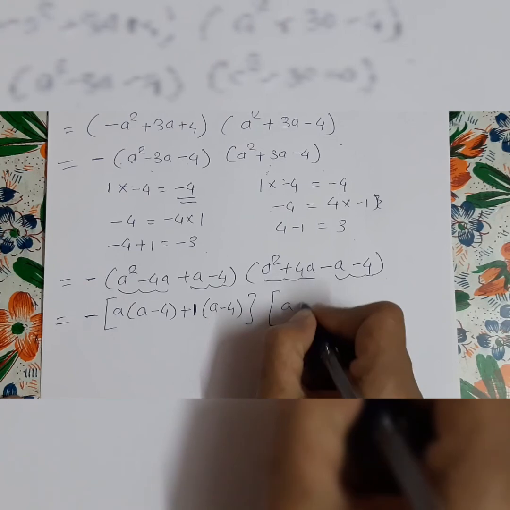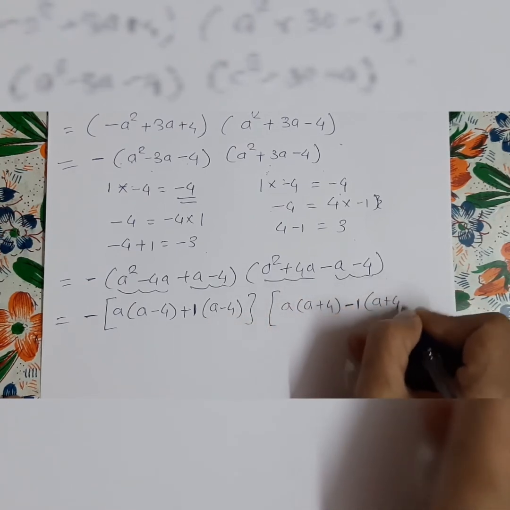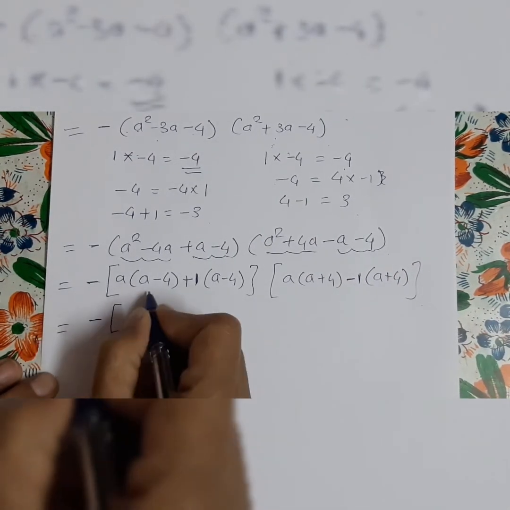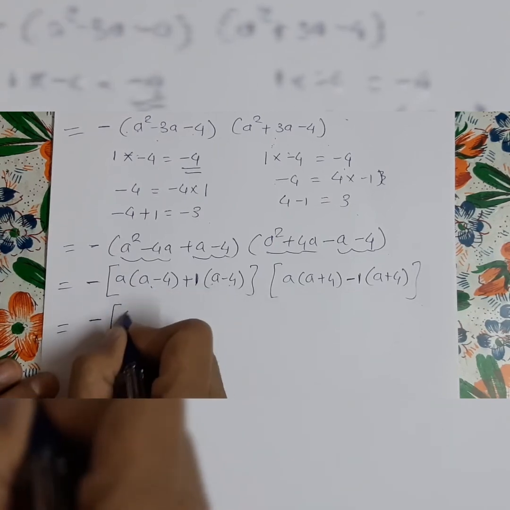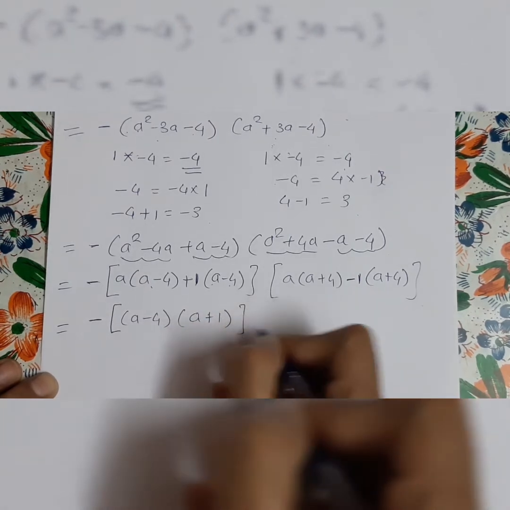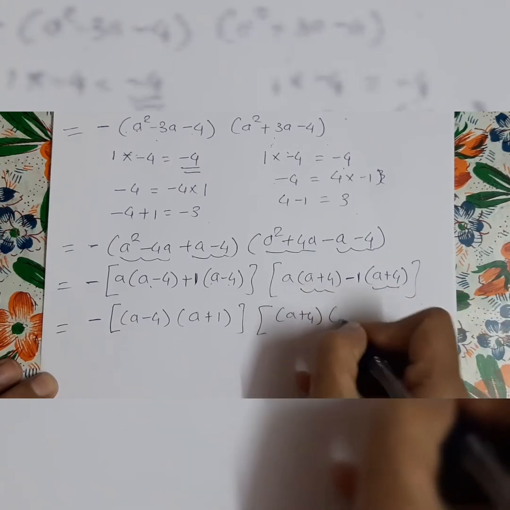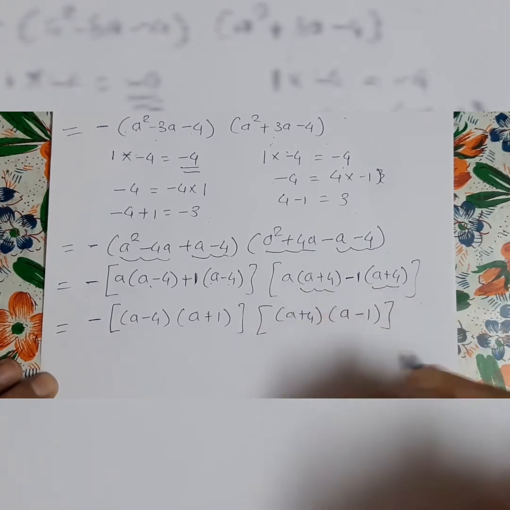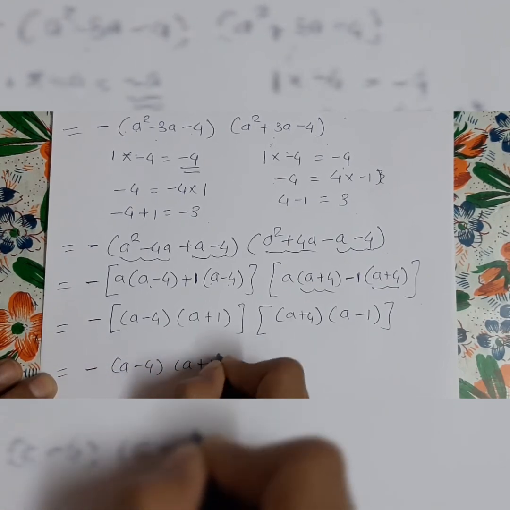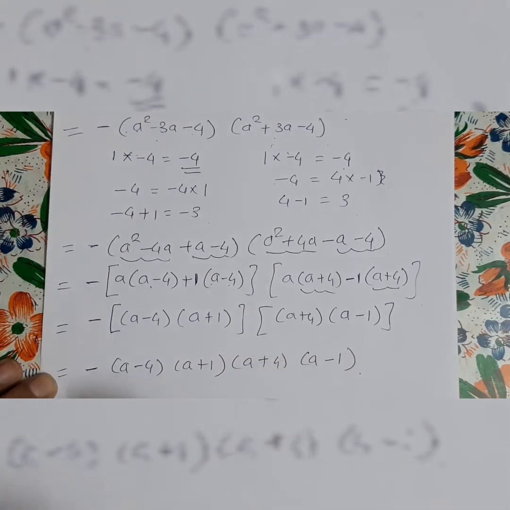And again here, if you take a common, it is a plus 4 minus 1 times a plus 4. So inside the bracket we write a minus 4, and the remaining terms are a plus 1. And here it is a plus 4, same, and the remaining term is a minus 1. So the factors are minus (a minus 4)(a plus 1)(a plus 4)(a minus 1).